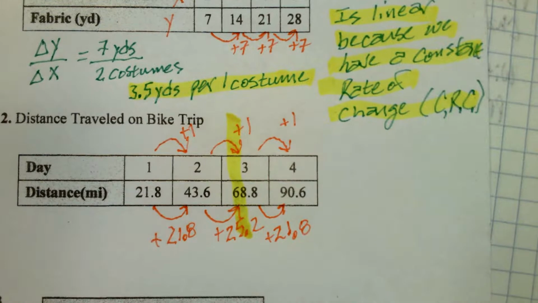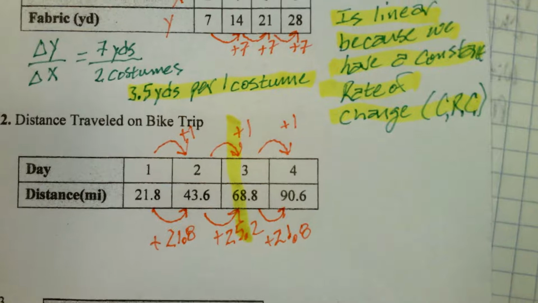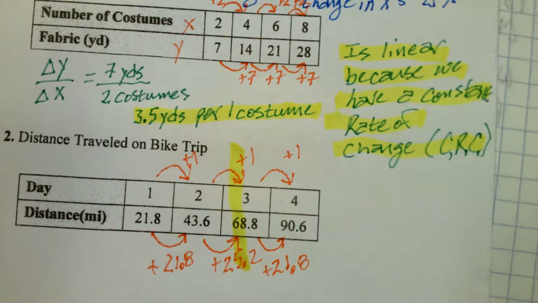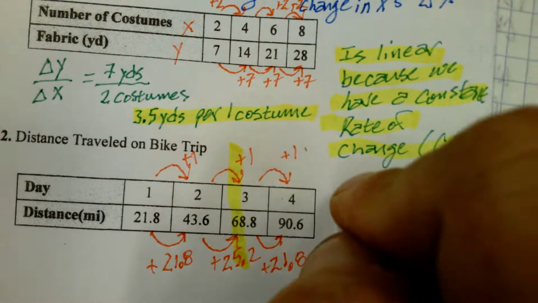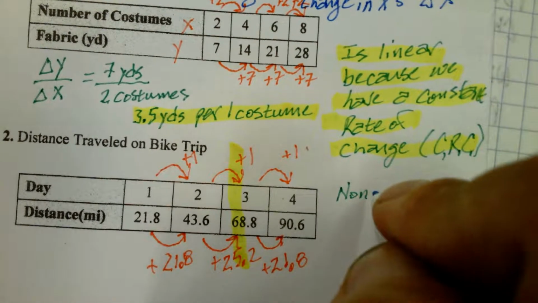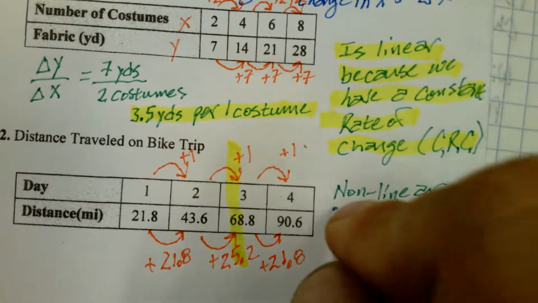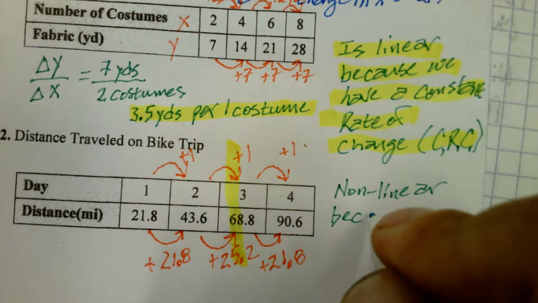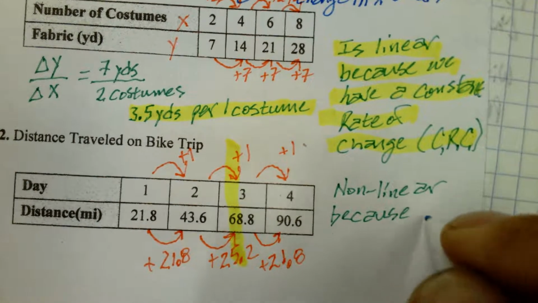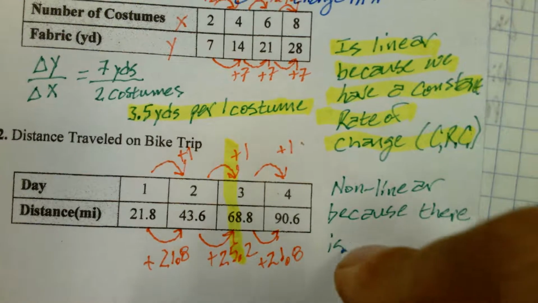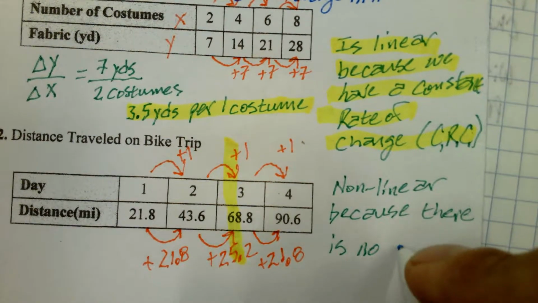Our problem is here. So therefore, we can conclude this. Non-linear, because there is no constant rate of change.